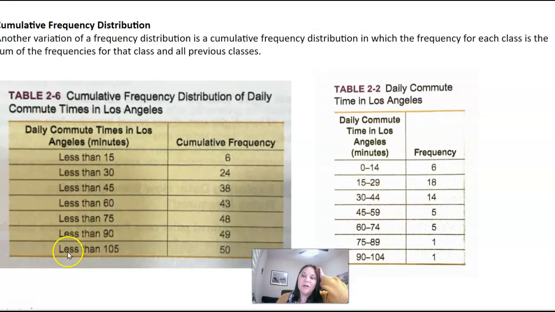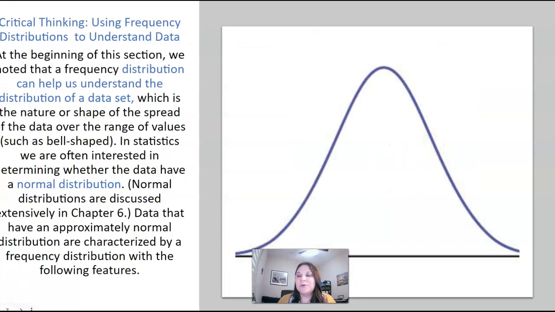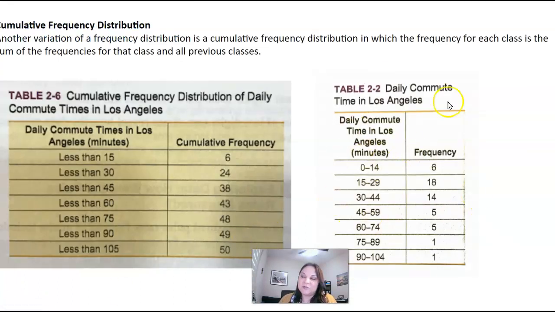And so when you look at the very last row in this first column, the number of people that have a commute time less than 105 is all of the people. So if I am given a frequency table, and I'm trying to go from here to building a cumulative frequency table, this 6 is still exactly the same.